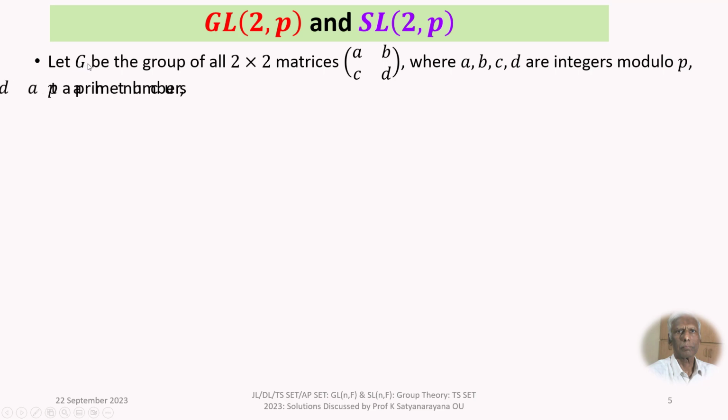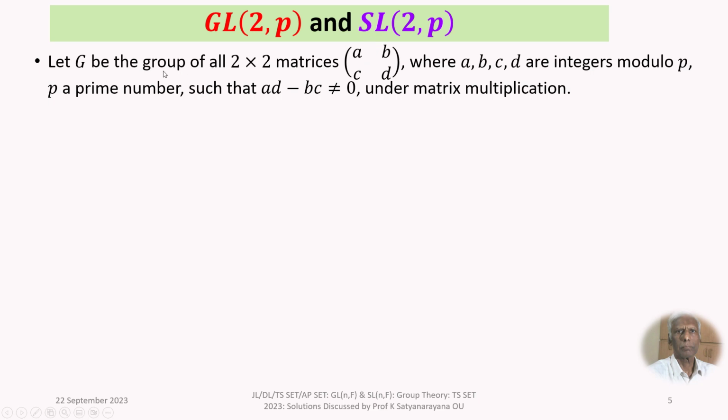Let G be the group of 2 by 2 matrices with first row a, b and second row c, d, where a, b, c, d are integers modulo p, where p is a prime number.